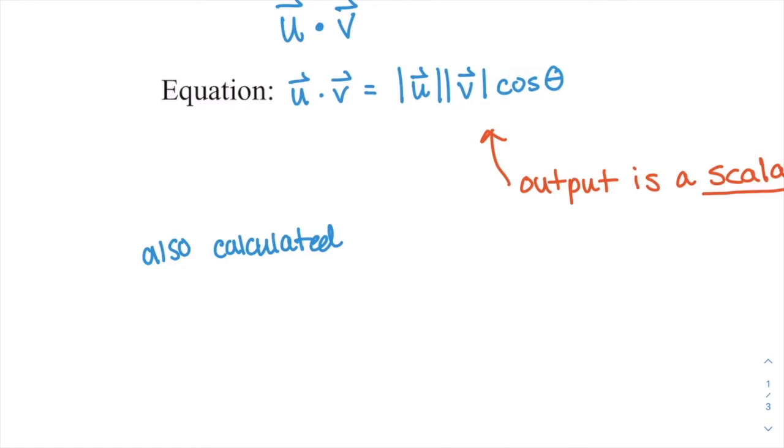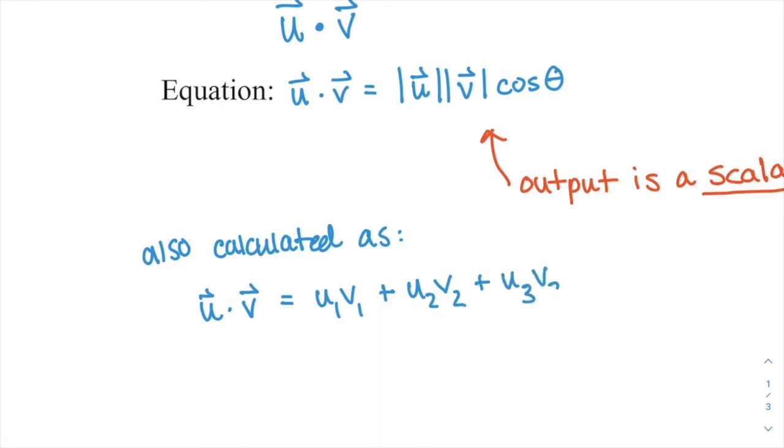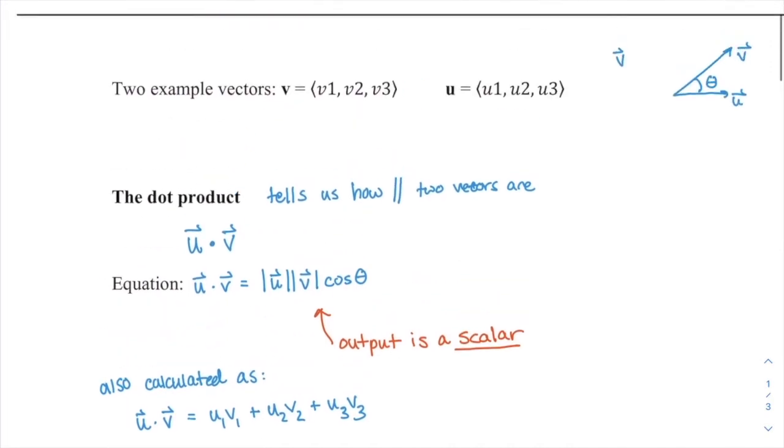So u dot v is equal to u1 times v1 plus u2 times v2 plus u3 times v3. And if your vector had 5 components, you would continue the pattern, and you're just multiplying the like parts. So multiplying v1 by u1, adding v2 times u2, v3 times u3.